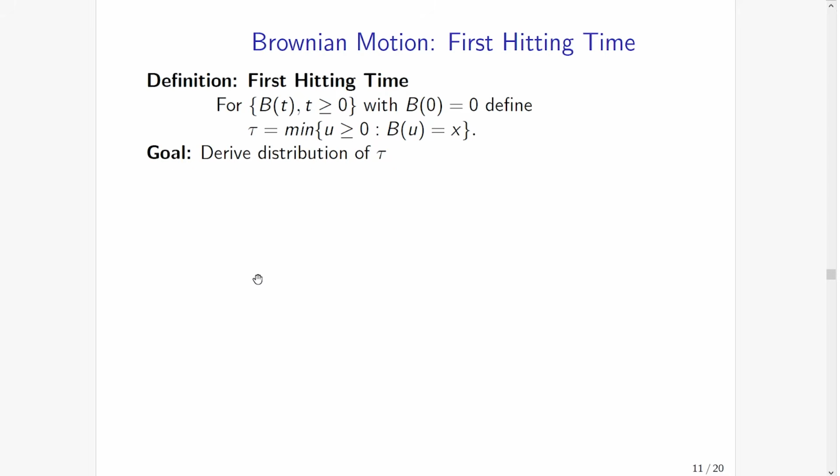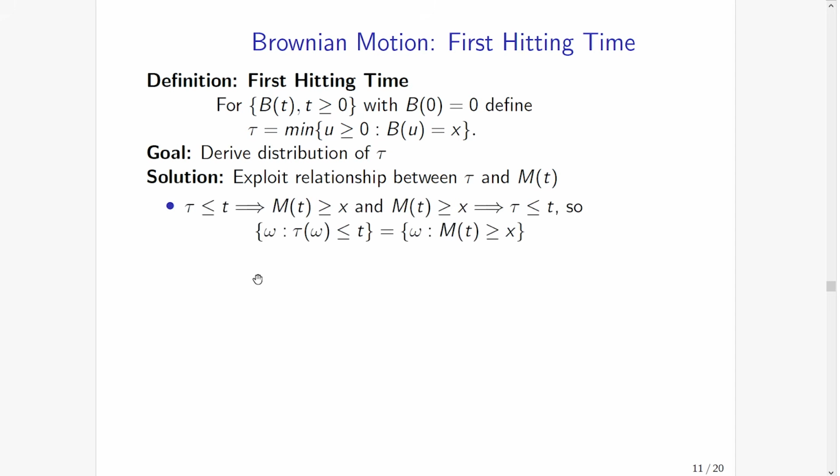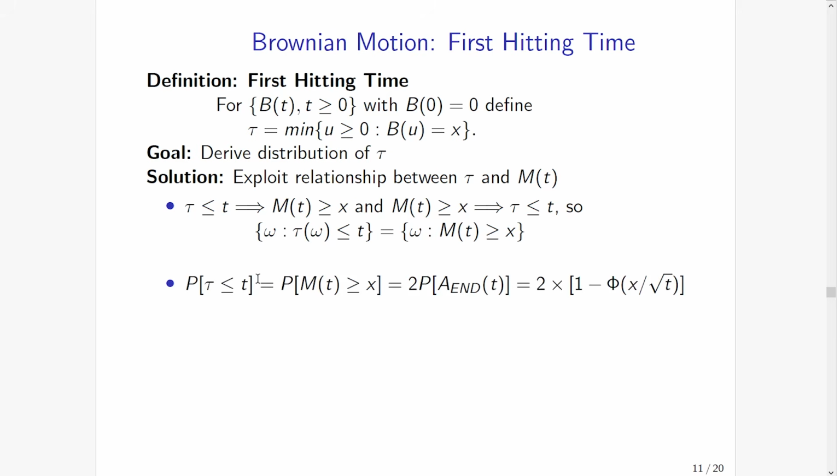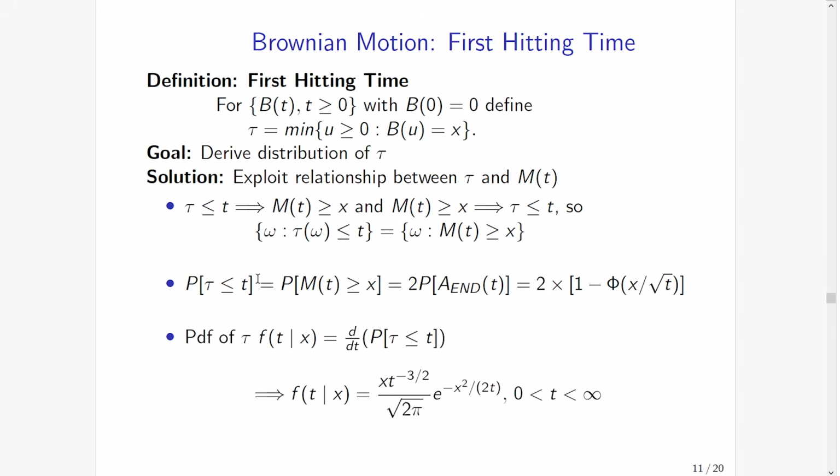And what's also very interesting is that we can use these results to calculate the density function for the first hitting time of a given level. Importantly, we have that the probability of the max up to time t exceeding x is twice the probability that the ending value exceeds x.